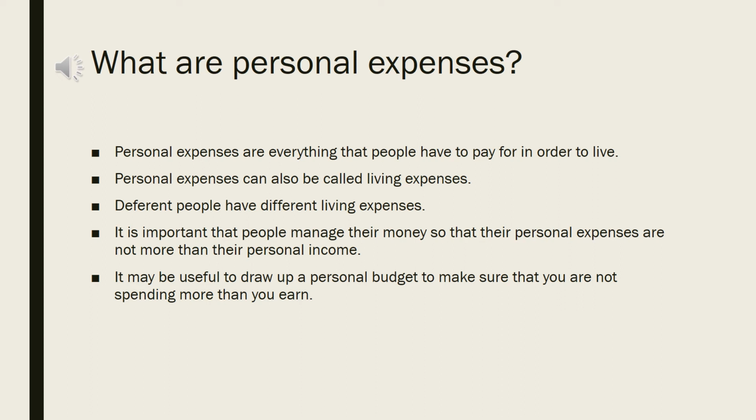Some are using cars, they're paying for cars. Some have no need to buy cars, they use public transport. Some buy different groceries depending on the type of food you want to eat, or depending on your diet. So hence I'm saying there are different living expenses.